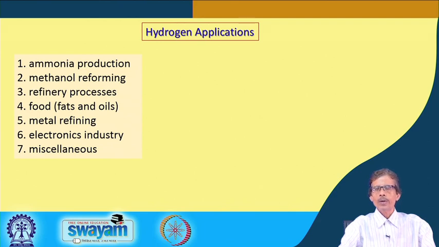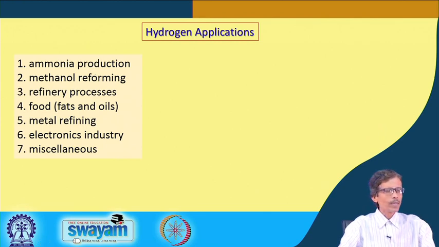So, nitrogen reacting with 3 hydrogen molecules gives us the production of ammonia. This is an industrially important technique, the Haber process, that we will discuss once again when we talk about the nitrogen based industrially important inorganic compounds. We will see again how we can use these techniques for the production of ammonia through the production of hydrogen.